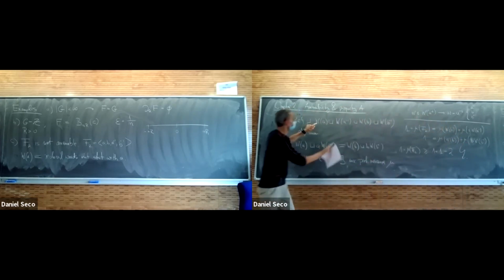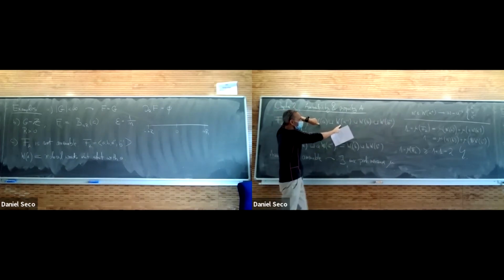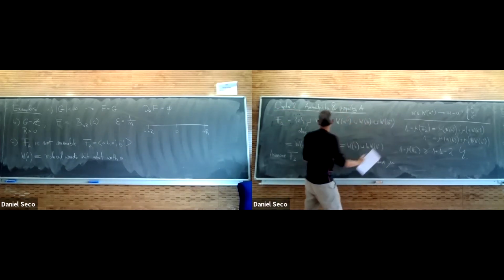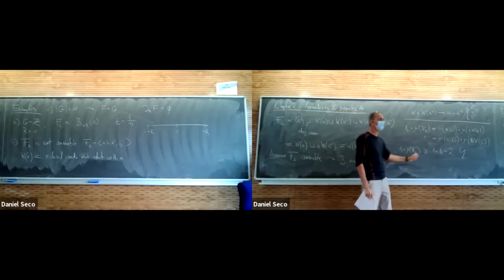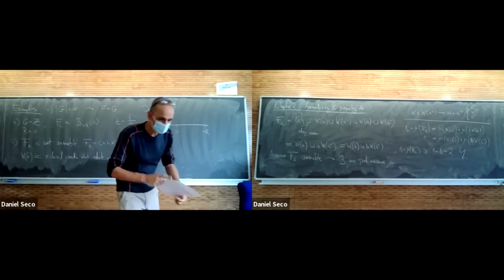Because these 2 together measure 1, these 2 together measure 1, and I lose something. Maybe there is some weight on the identity, the neutral element, but I don't care. Okay, so you get the contradiction. F2 is not amenable. I don't want to prove it with promises.